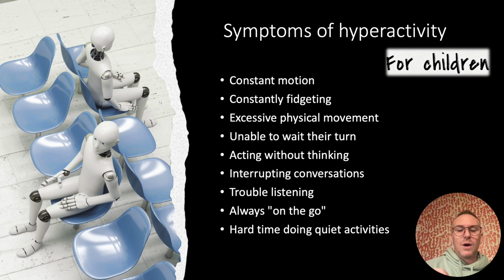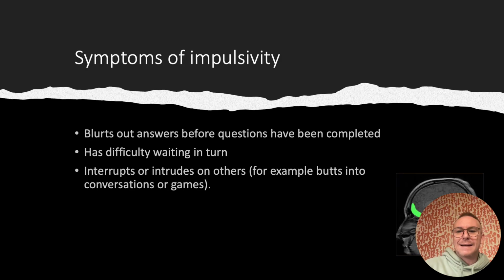And here are some that I highlighted that I think are, again, more specific to children: constant motion, constant fidgeting, excessive physical movement, unable to wait their turn, often acting without thinking, interrupting conversations, trouble listening, always on the go. And as I said in the last slide, having a hard time doing those quiet activities.